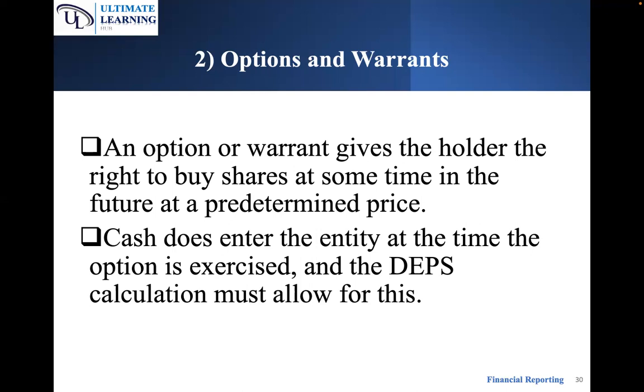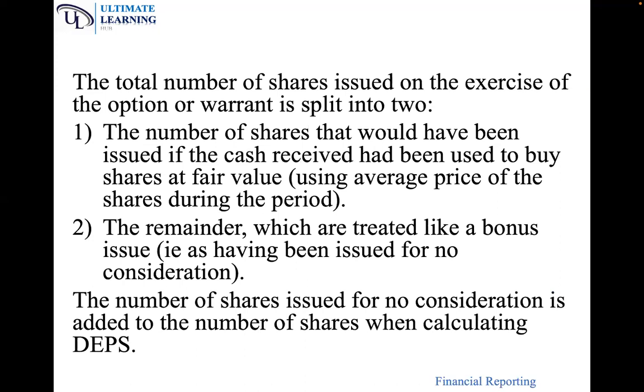Cash enters the entity at the time the option is exercised. In other words, when we exercise the option, the business will receive cash because you will be issuing ordinary shares when the option is exercised, and there will be cash that comes in. And diluted EPS calculations must provide for this extra cash that we get.